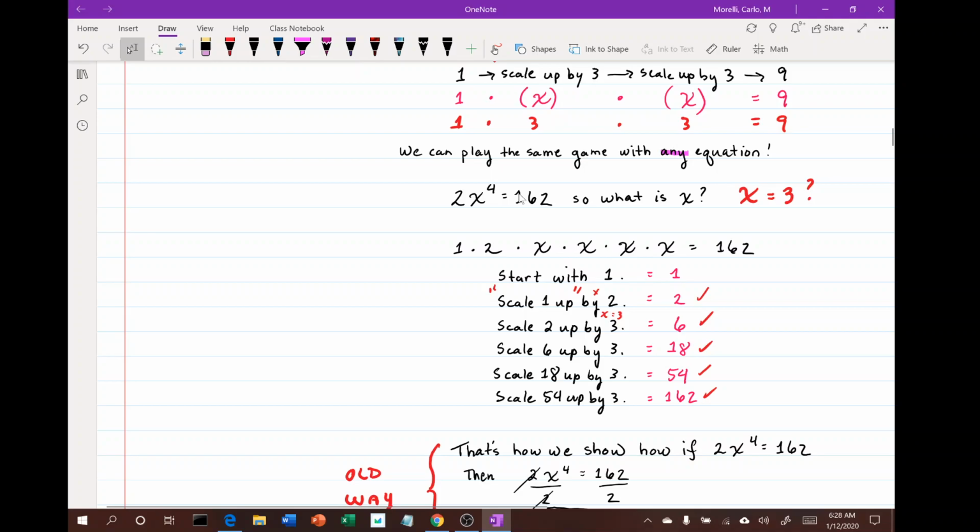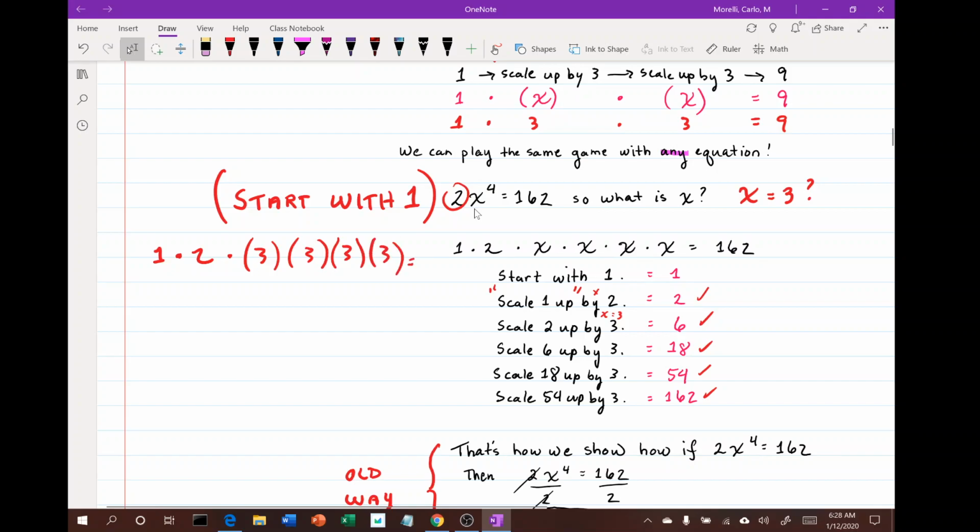The big takeaway from this section is start with 1. Okay, start with 1 and then do all the things that are going to happen. So you started with 1 and then you follow the instructions. You multiply by 2 and then you multiply by what we know x is, 3. Okay, and you do this little process and then it equals 162. That's the big takeaway here.